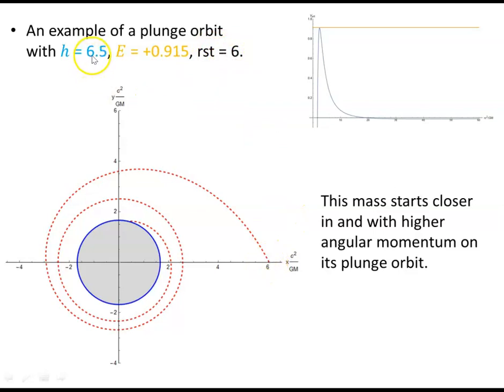It even starts with higher angular momentum, 6.5 instead of 4.65. The energy is set to 0.915, and again, we still have a plunge orbit. In it goes. I like these plunge orbits. So the mass starts closer in and with higher angular momentum, but it still ends up in a plunge orbit. Okay, and that's it.